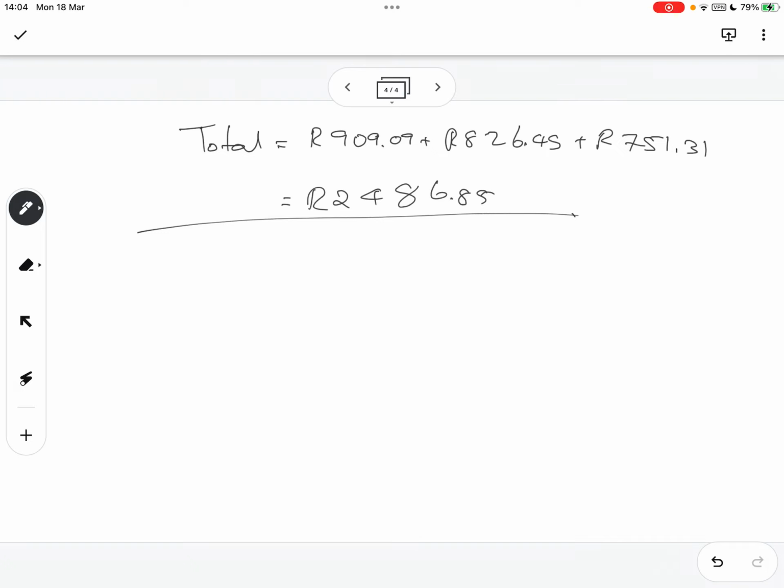Right, and the initial deposit, or rather, let me not do that. Let me say instead, there's the initial deposit, there's an amount after 1 year.